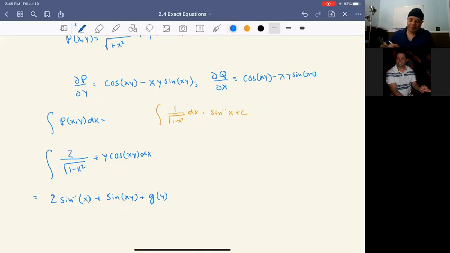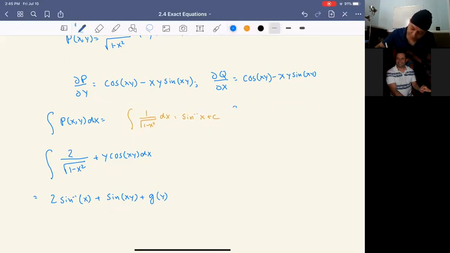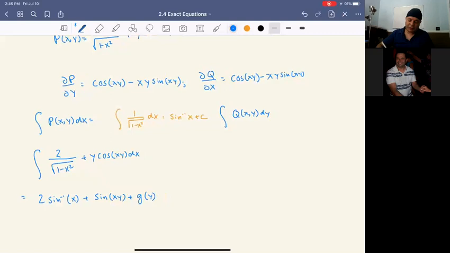I'm going to do the same thing with the integral of Q. So we're going to integrate Q of x,y, but this time with respect to y.